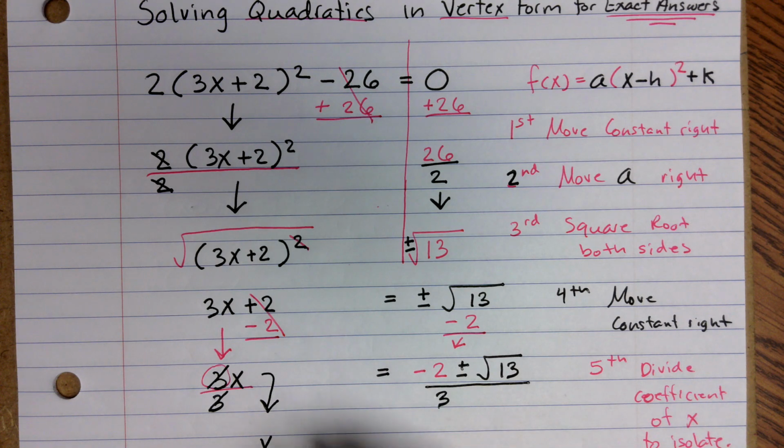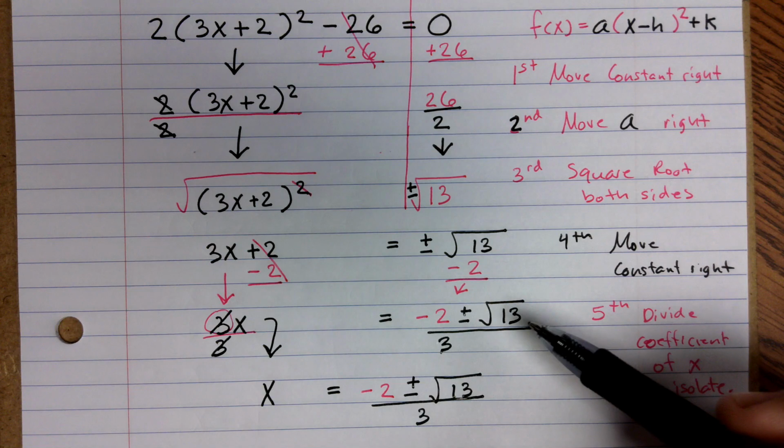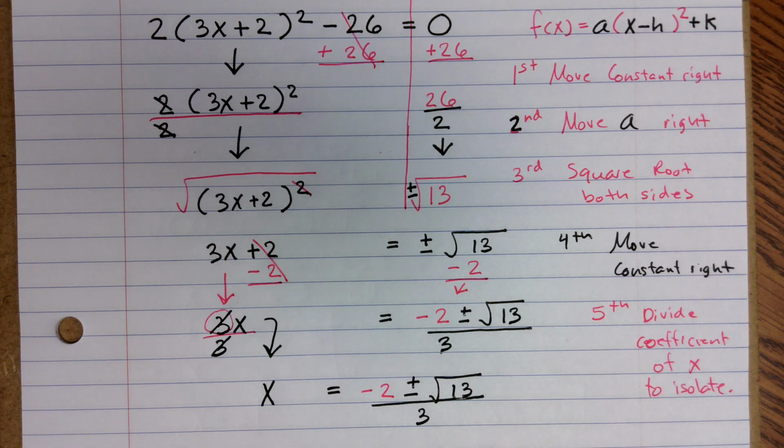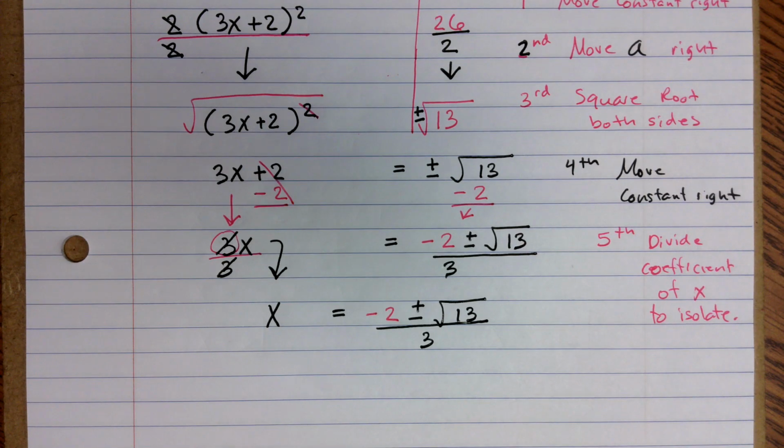And so what we end up with is x is equal to negative 2 plus or minus the square root of 13 over 3. So it's the same thing we had up here, but now we've got this broken down. Now notice I always like to break this up into a positive and a negative solution.